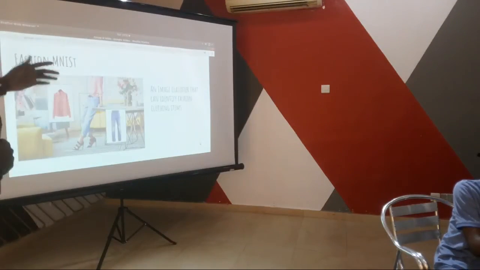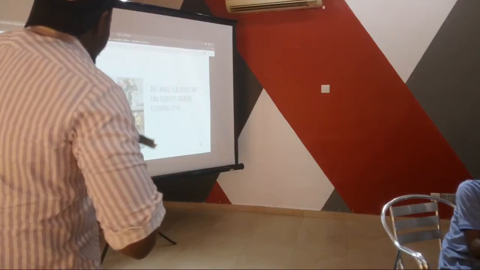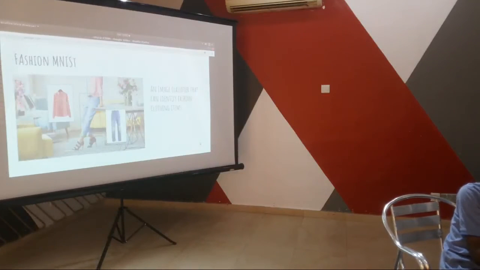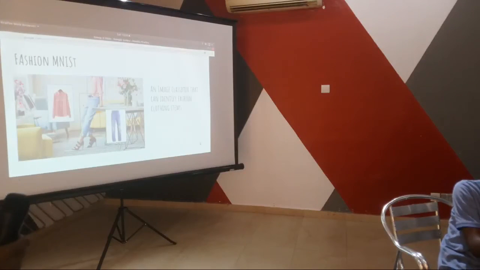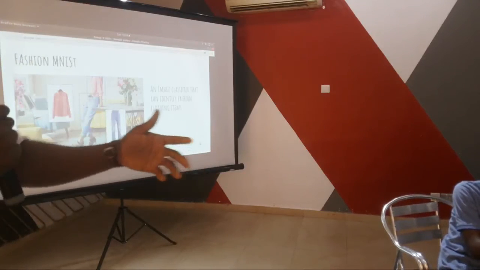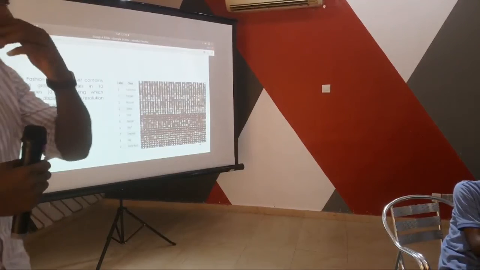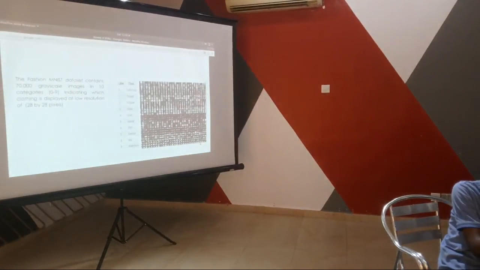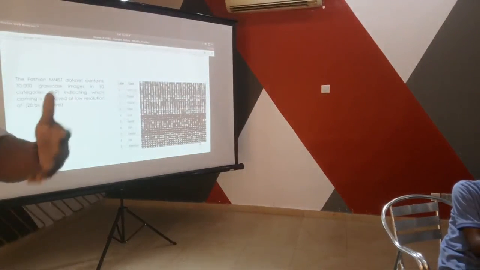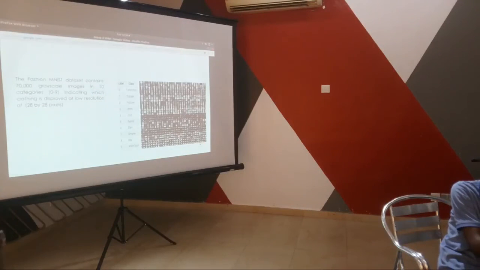So this is an image classifier that identifies fashion items. It identifies the image, and there are so many applications as well. What was suggested was that we use a fashion image data set to train the model, because it's a widely used data set for image recognition.